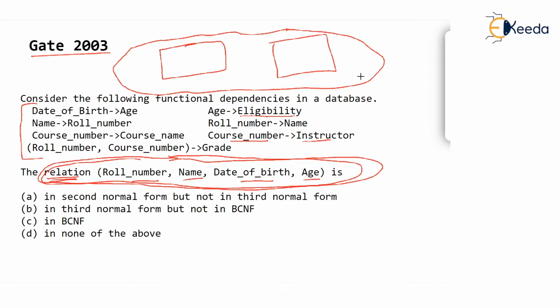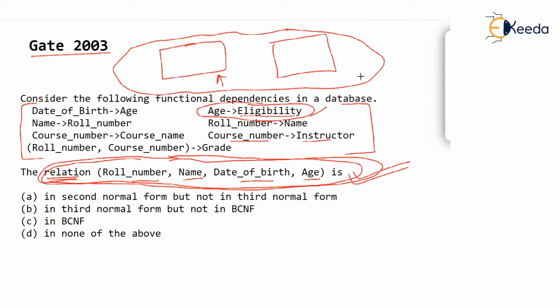So these functional dependencies are defined on all the tables. Some of the functional dependencies may be applicable on one of the tables, but for the table given to us in the question, many dependencies are not applicable. For example, age determines eligibility.